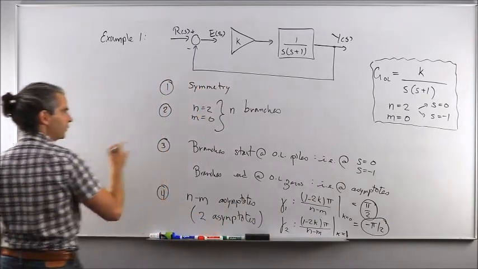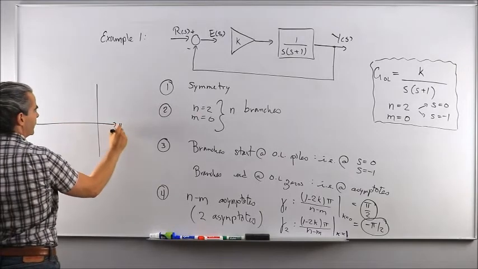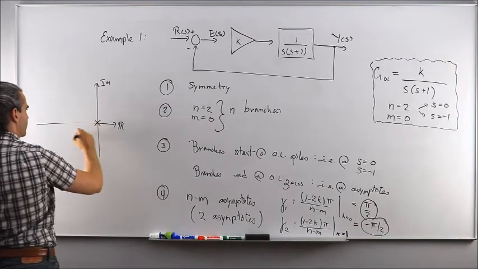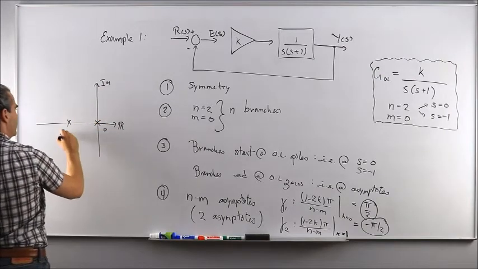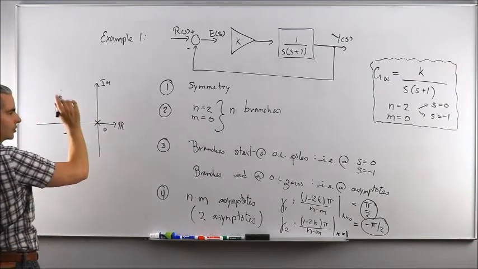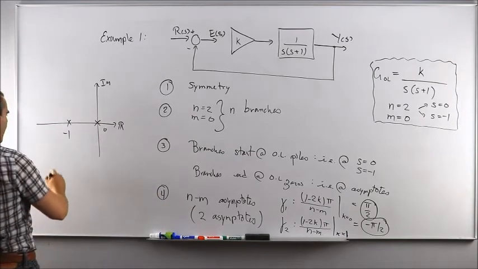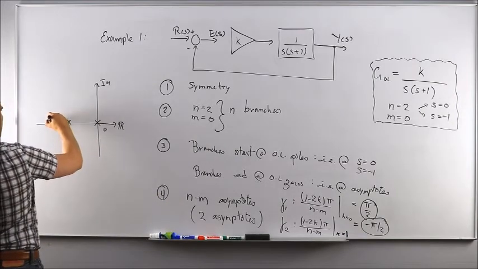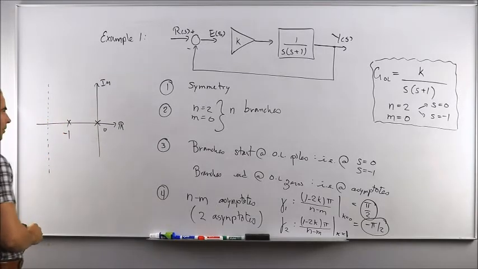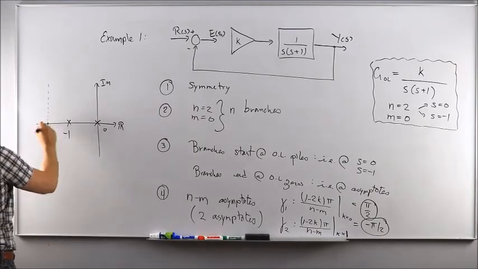So let's draw what we've obtained so far. We have this real, imaginary axes, open loop poles. You can draw them already. One at 0, one at minus 1. I know I have 2 asymptotes. One is going to shoot straight up at pi over 2. The other one is going to shoot straight down at minus pi over 2. But I don't know where. So for the time being, let's just locate them arbitrarily on the root locus at some arbitrary intersection with the real axis.